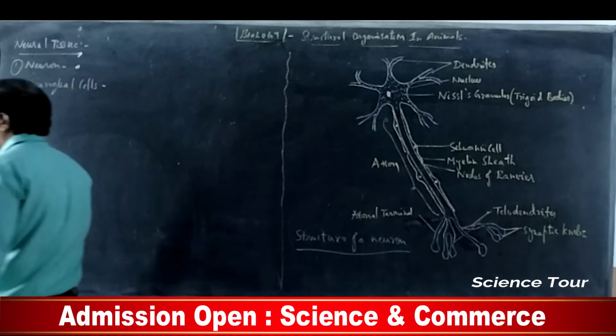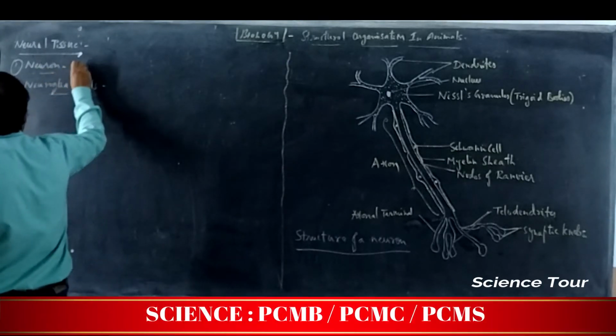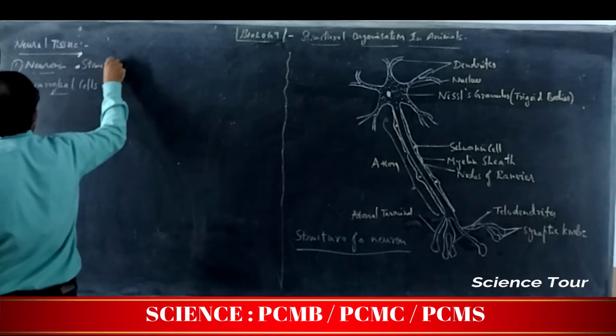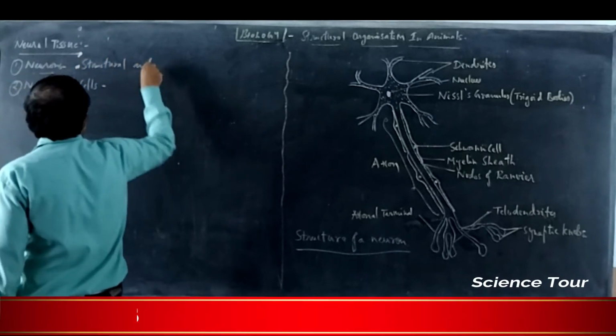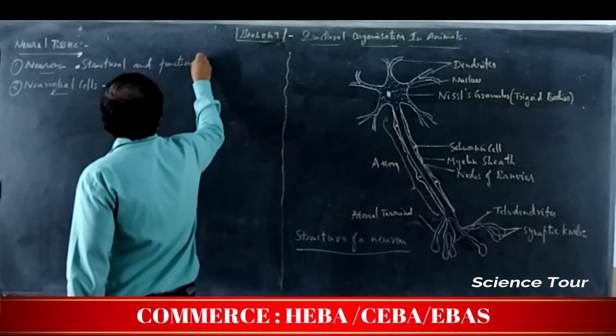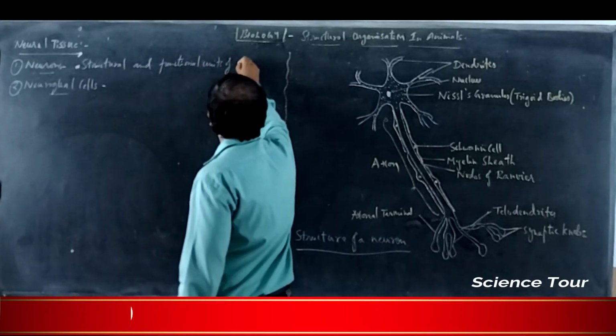Neurons are structural and functional units of the nervous system.